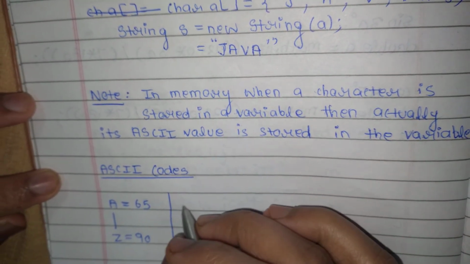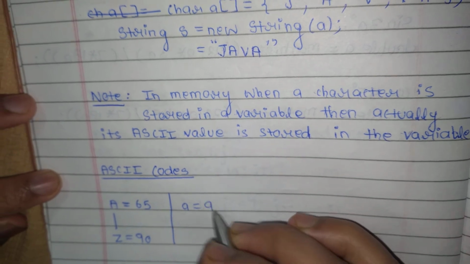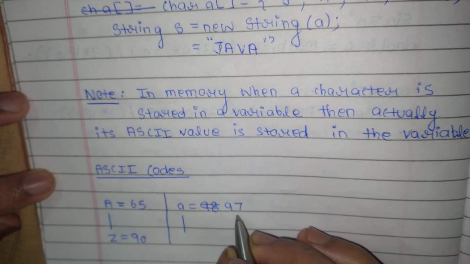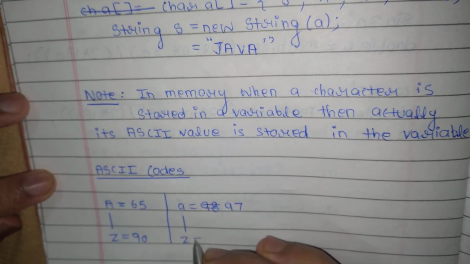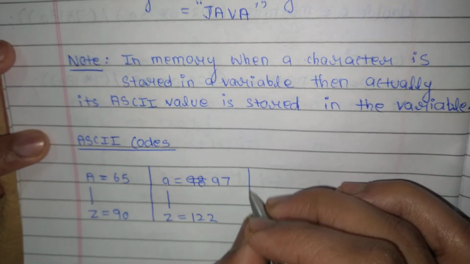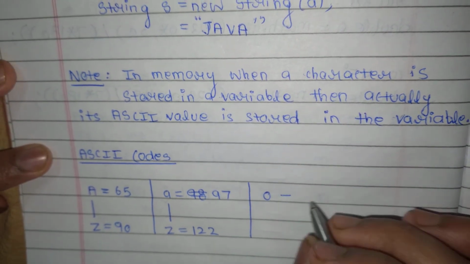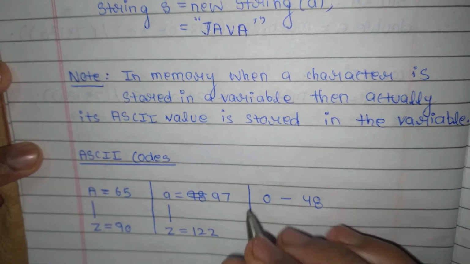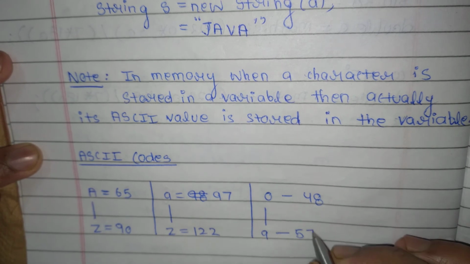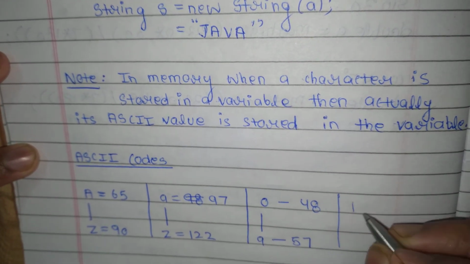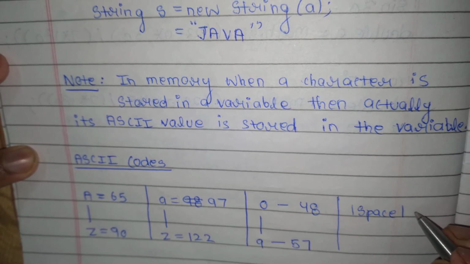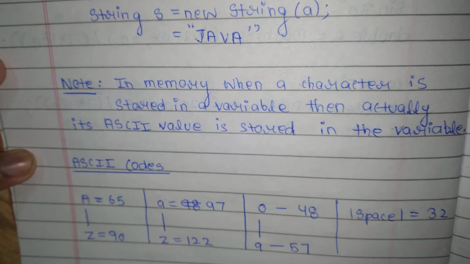Then the ASCII code of small a starts from 97, then b gets 98, c 99, d 100, and small z has the ASCII code 122. Similarly, the number 0 has the ASCII code 48, and from 0 to 9, the ASCII code of 9 will be 57. And a space, the space which you give from the space bar, also has an ASCII code, 32.